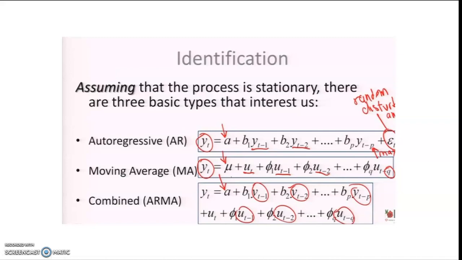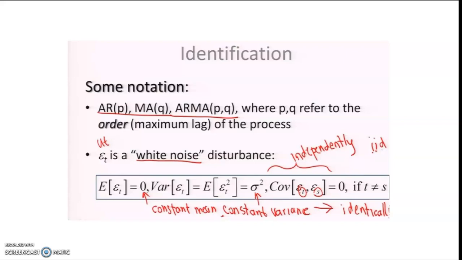So this is an ARMA(p,q), where p refers to the lags of the own variable, and q refers to the lags of the disturbance term. Here are some notations that we may be using from time to time: AR(p), MA(q), ARMA(p,q), where p and q refer to the order of the process, that is the maximum lag of the process.